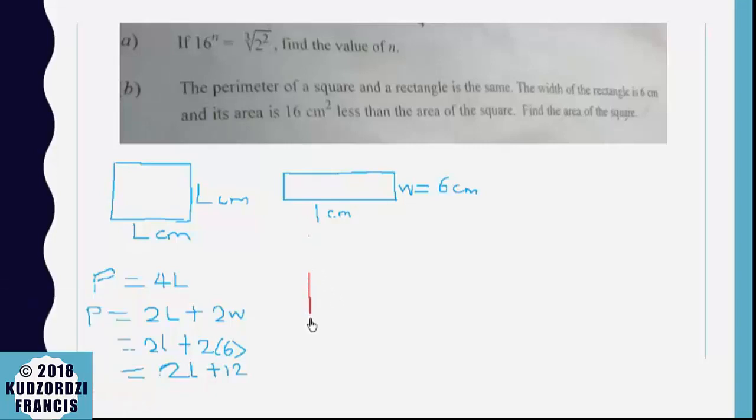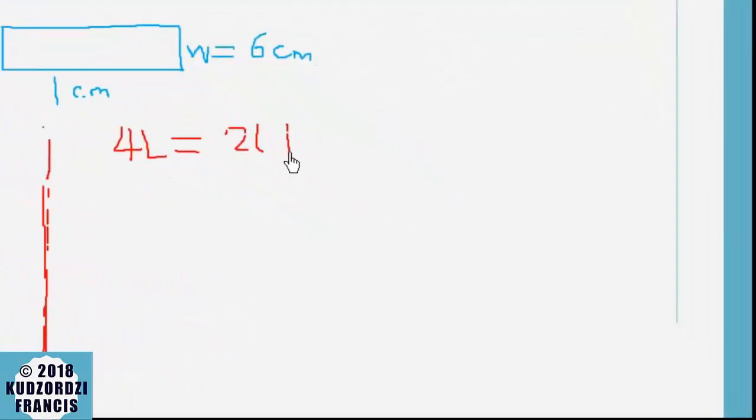Now we're told that the perimeter is the same. So we have 4L is equal to 2 times small l plus 12. So you can simplify this further by dividing through by 4.